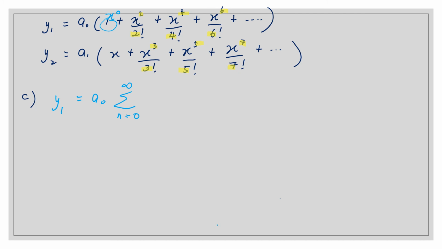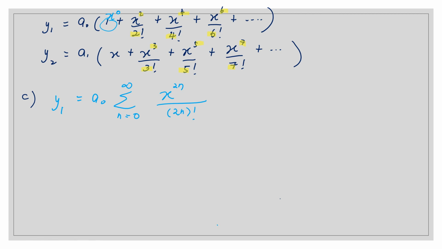For the even power we write x to the 2n, and because all of the denominators are even factorials, we write it as 2n factorial.